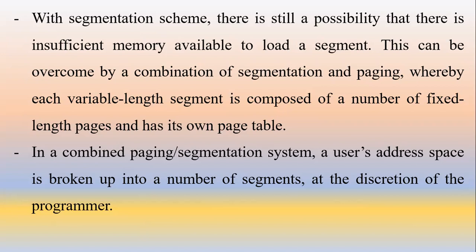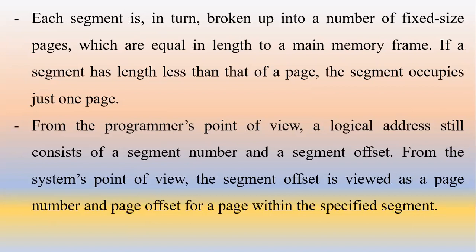In a combined paging and segmentation system, a user's address space is broken up into a number of segments at the discretion of the programmer. Each segment is in turn broken up into a number of fixed size pages which are equal in length to a main memory frame.